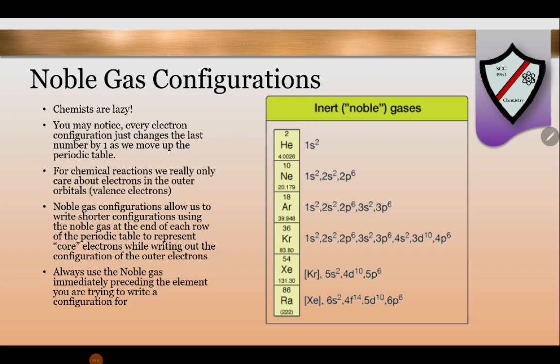And I've given you each noble gas's complete electron configuration here, except for the last 2, where we have shown an example of how to use the noble gas configuration to shorten up the written electron configurations. And of course, we will practice a few here on the next couple of slides.